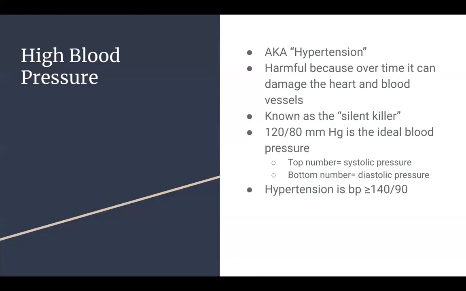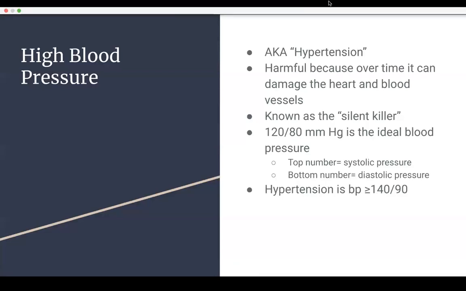It takes testing to recognize that. So that's why it's really important to make sure that we are getting our blood pressure checked regularly in order to ensure that we are taking appropriate measures in order to lower our blood pressure and to prevent cardiovascular diseases.